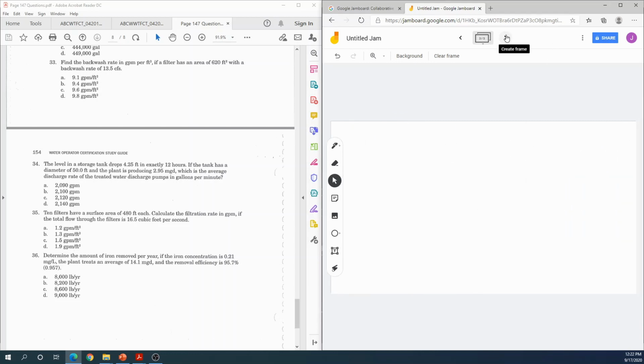So we know that our volume is equal to 0.785 times our diameter, which in this case was 50 feet, squared, times the height. The height we cared about was that drawdown, which was 4.25 feet.